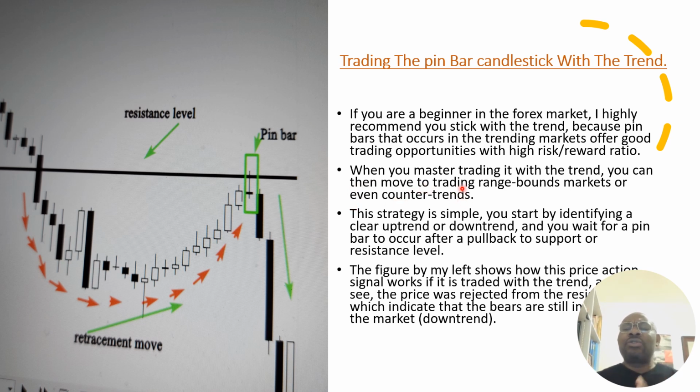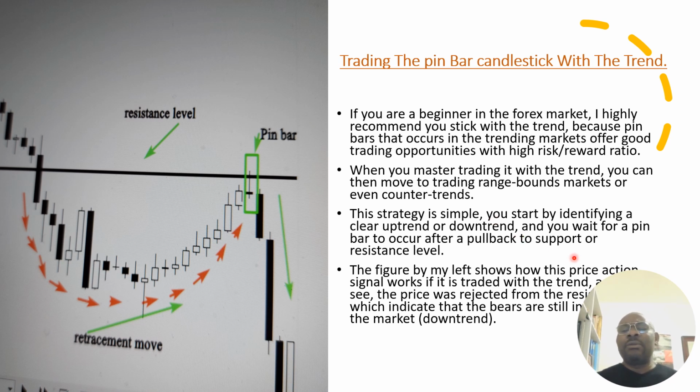When you master trading with the trend, you can then move to trading a range bound market or even counter trend. So the first step is for you to learn how to trade pin bars in a trending market. Thereafter, if you see that you are now perfect, you can try to trade a range bound market or do a counter trade.